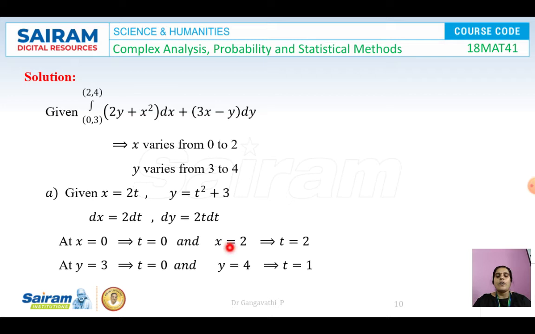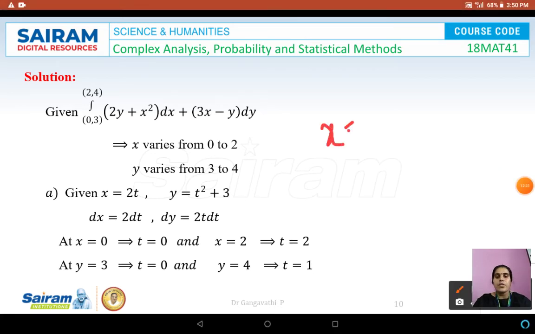So when x is equal to 2, put x is equal to 2 here. 2 is equal to 2t. 2 and 2 get cancelled and t will be equal to 1. So, I'll illustrate that. Here you have x is equal to 2t.